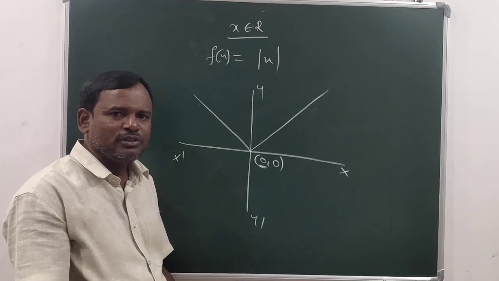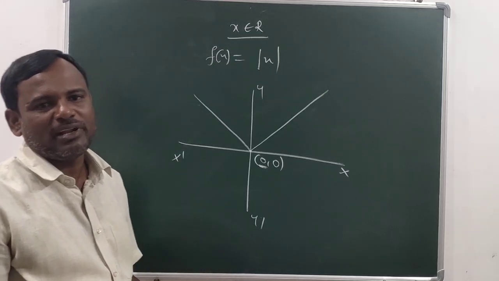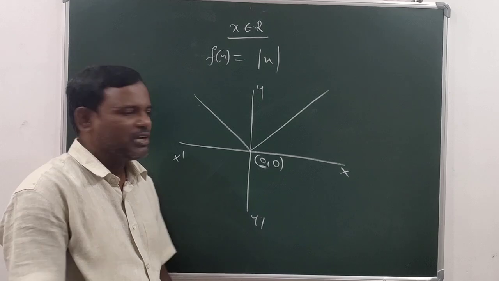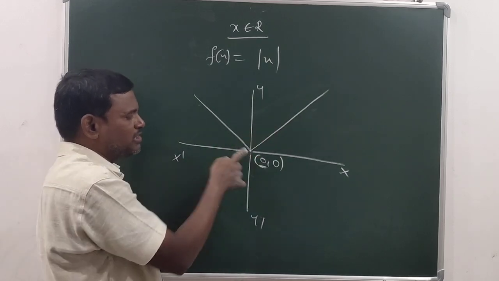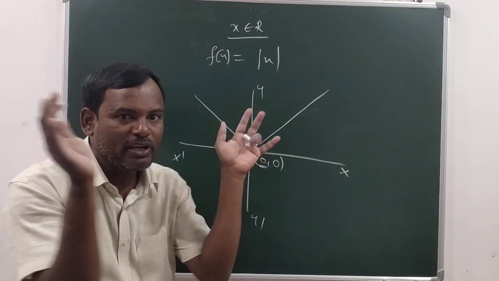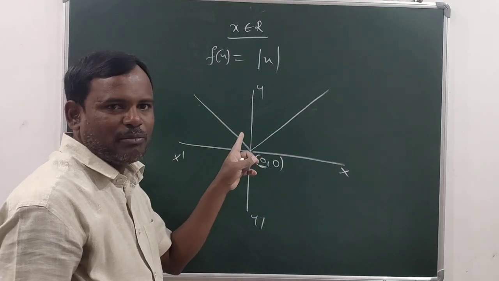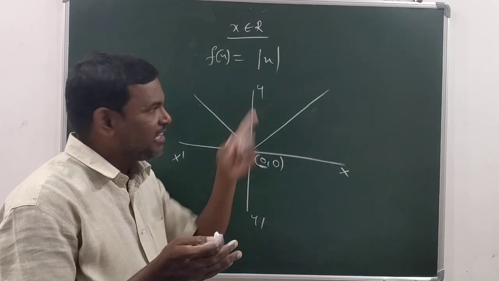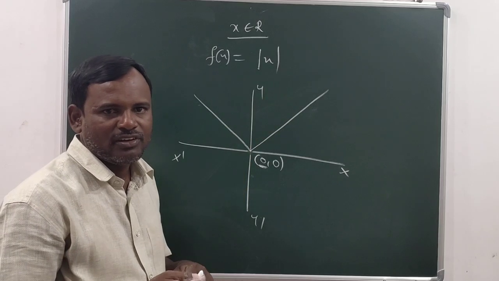So for the graphs, wherever you get these sharp edges, at that place those functions are not differentiable. Because at this place, if you draw the tangent, one is coming like this, and one more is coming like this. Both should be coincident. Whichever tangent, whichever secant is coming from the left side and the right side, both should be coincident at P. In the beginning of this class, we have seen that in the graph.